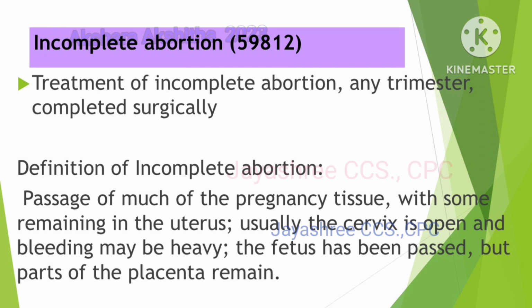The definition of incomplete abortion is the passage of much of the pregnancy tissue with some remaining in the uterus. Usually the cervix is open and bleeding may be heavy. The fetus has passed but parts of the placenta remain. This is called incomplete abortion.